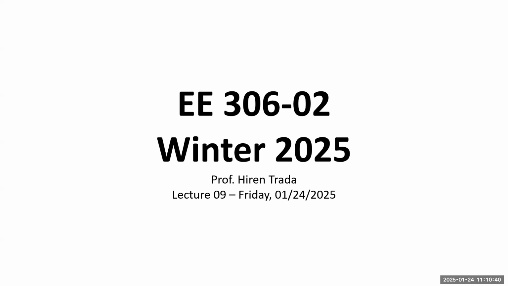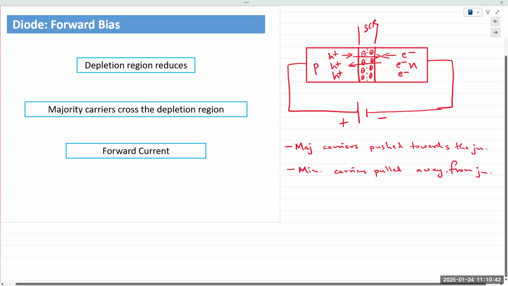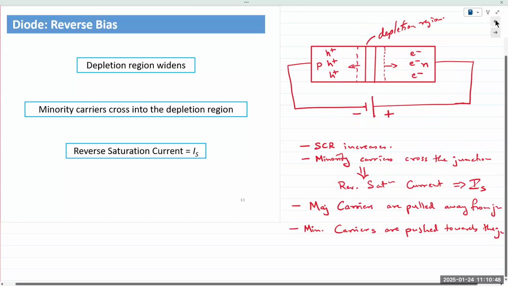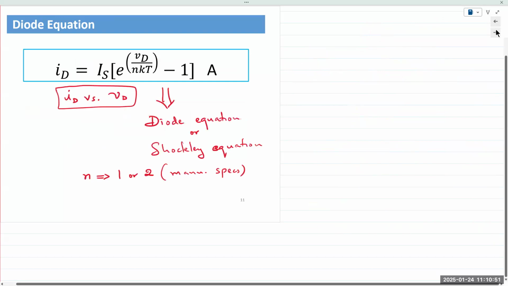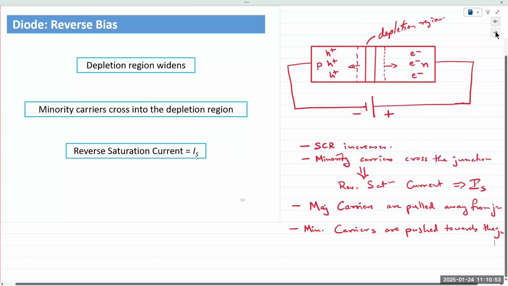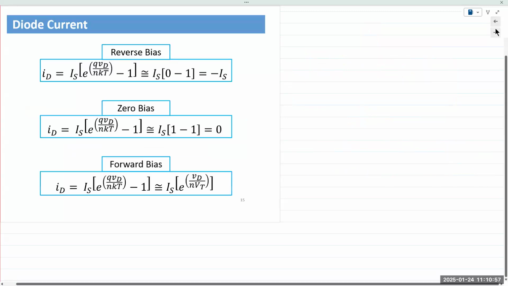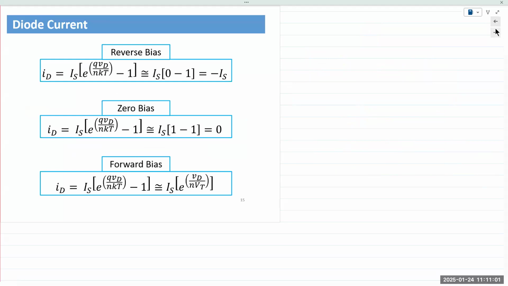So we looked at the p-n junction diode in conditions of zero bias, reverse bias, and forward bias, and then we looked at how the diode equation describes these three biasing conditions.